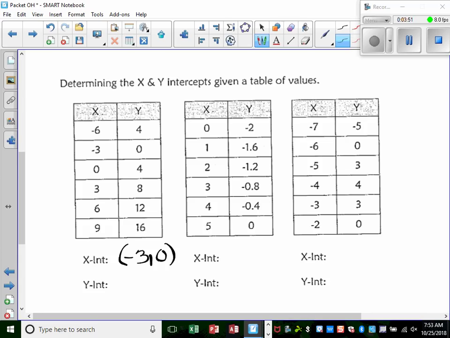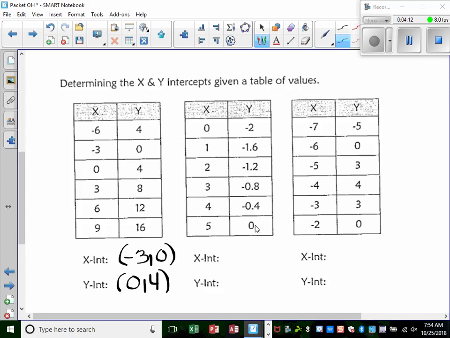Then if I'm looking for the y-intercept, I'm looking for when x is 0. So where does it cross the y-axis, at what number? 4. So you write 0, 4. And it's a good visual. When you have a table, it's not hard to pick them out. So now I'm going to do the x-intercept again.